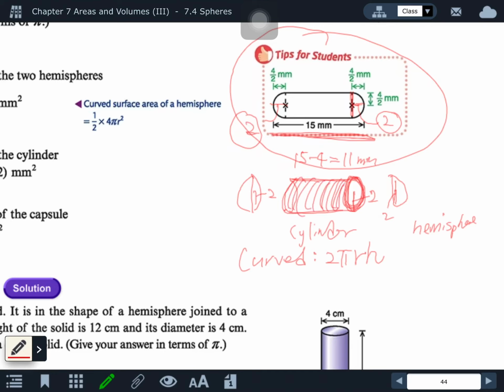For the hemisphere, we just learned it. It is half of 4 pi r square, which is 2 pi r square. And for the other end, also 2 pi r square. Okay, and then to find the total surface area, we just add these three parts together, and then we can find the answer.